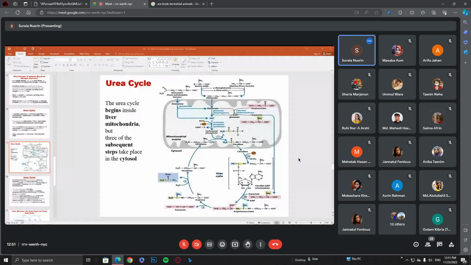So what is the reaction? Tell me. The amino acid is converted into a keto acid. Dehydrogenation?